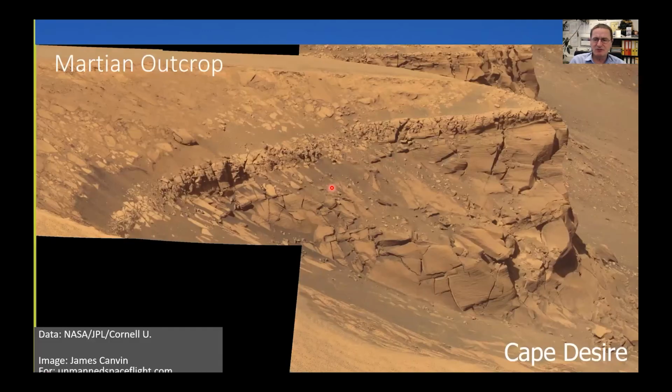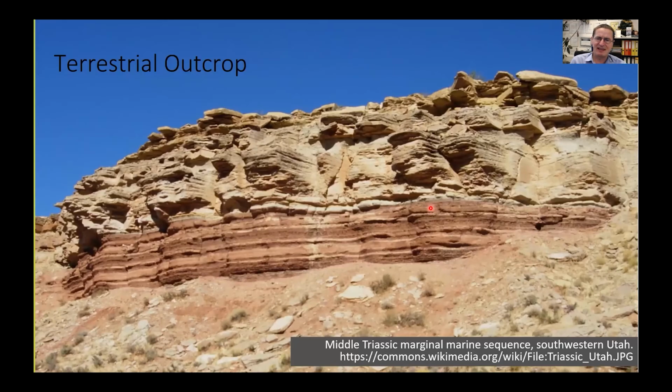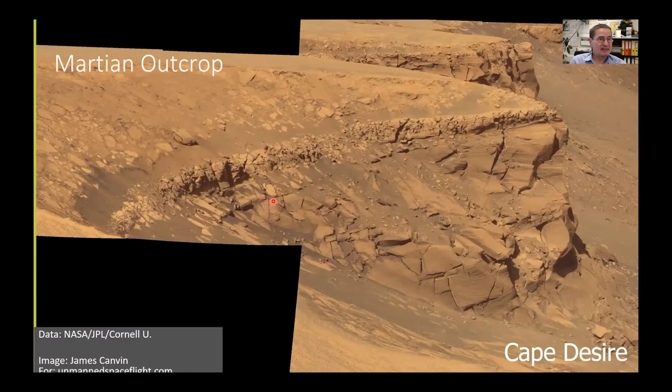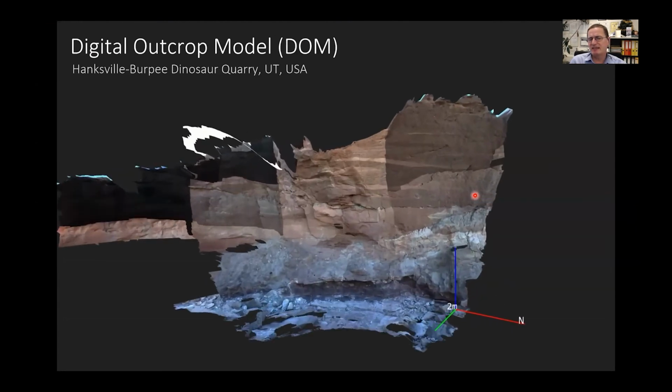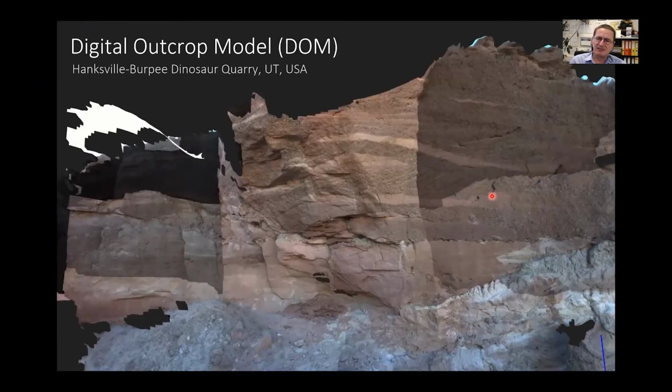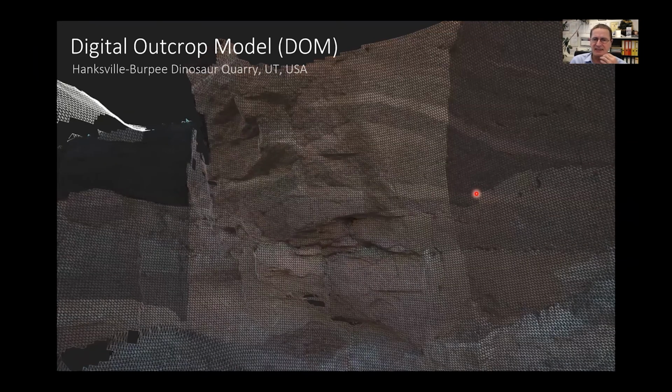And the next would be a digital model from Mars. If you compare that with this outcrop in Utah, you see why this terrestrial scenery has been used as an example. And this is a Martian outcrop model. And here we see a digital outcrop model has been captured by stereographic capturing and cameras.